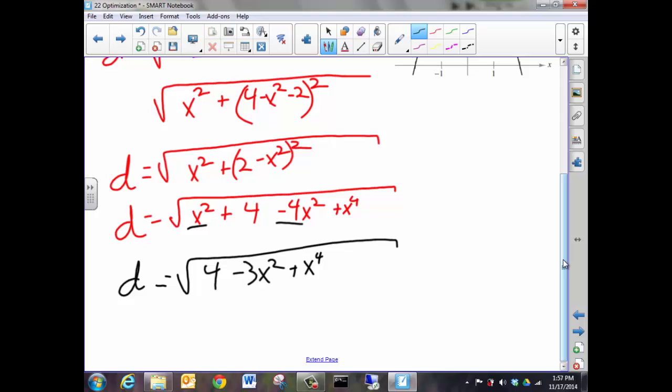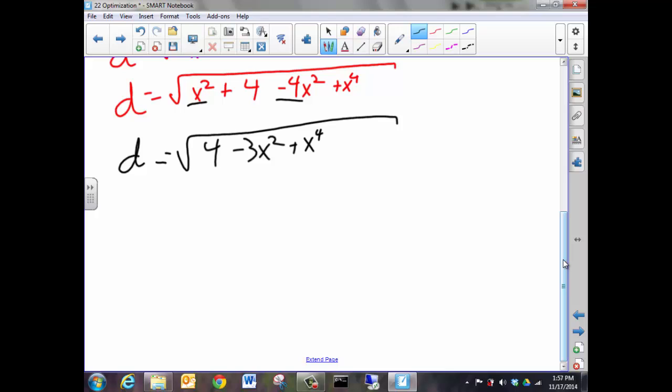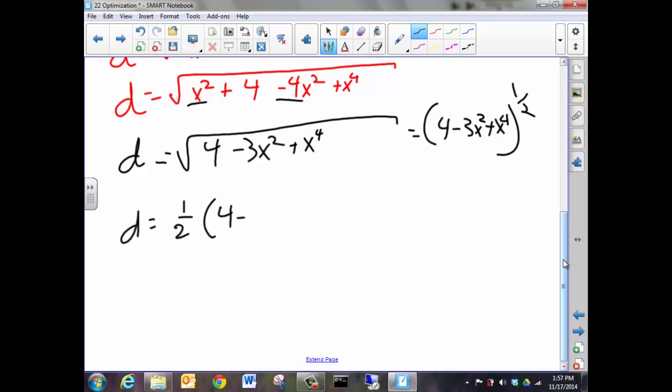We just got to take the derivative now. Well, we have to use the chain rule. This is the same as 4 minus 3x squared plus x to the 4th raised to the 1/2 power. So how are we going to take the derivative of that? 1/2, all of that stuff to the negative 1/2, times, what's the derivative of that stuff inside there?